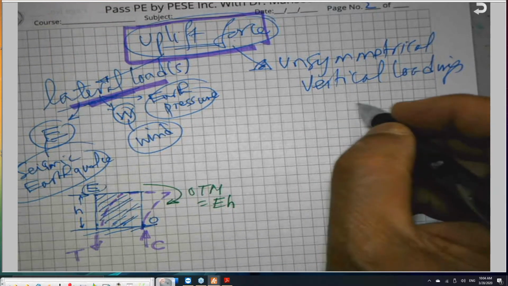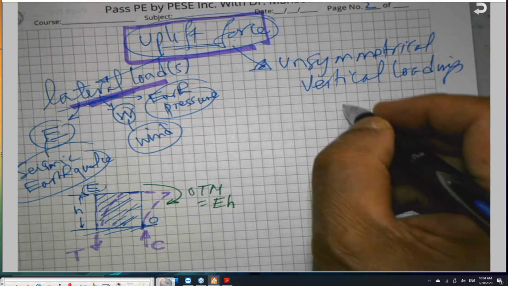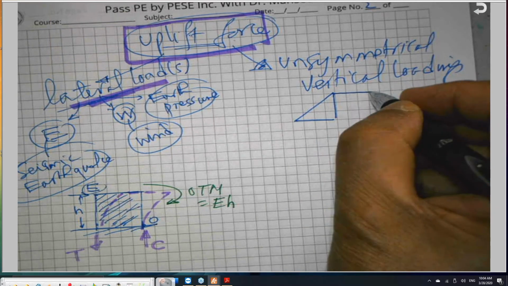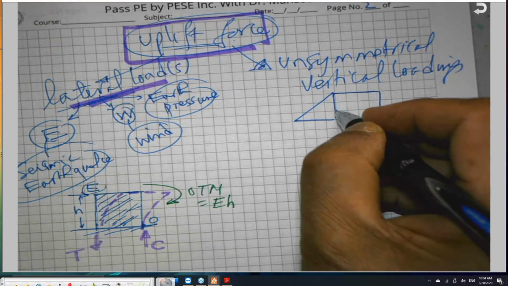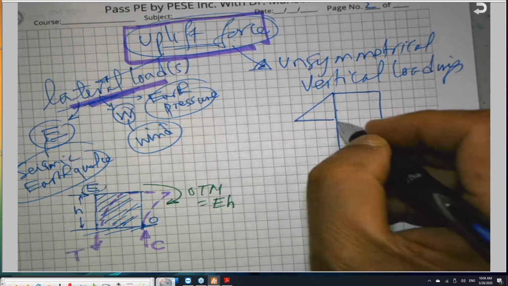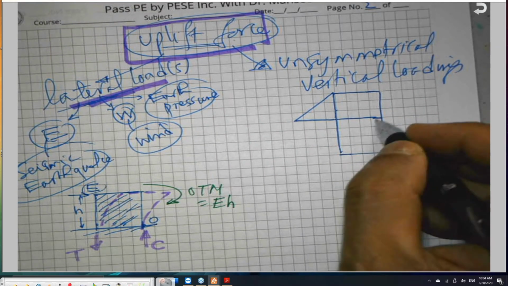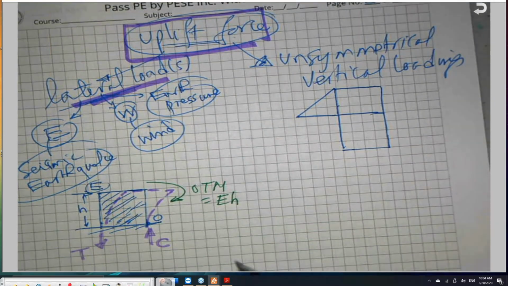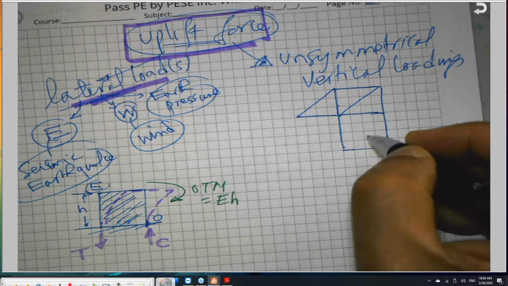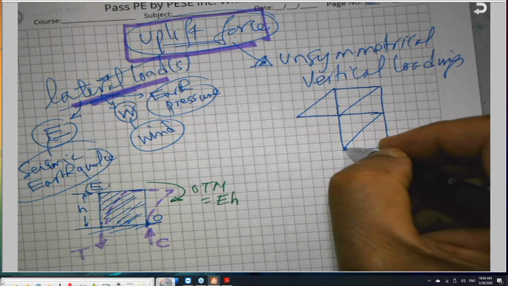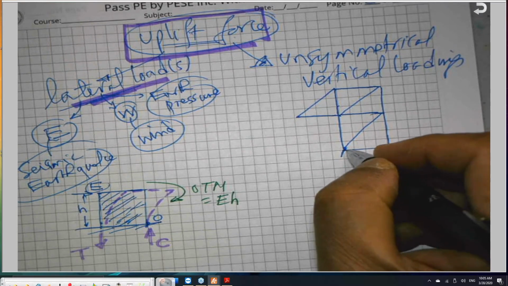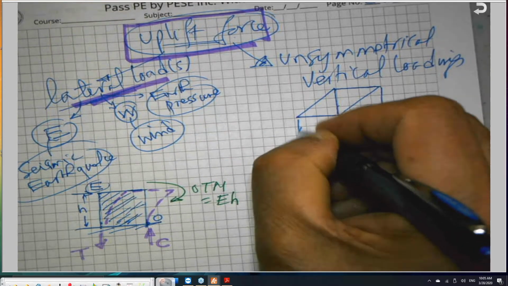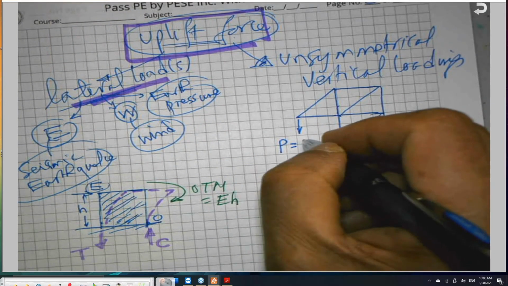Like, for example, the truss we are talking about. Let me minimize the problem. We have a load here, P, for example 20 kips.